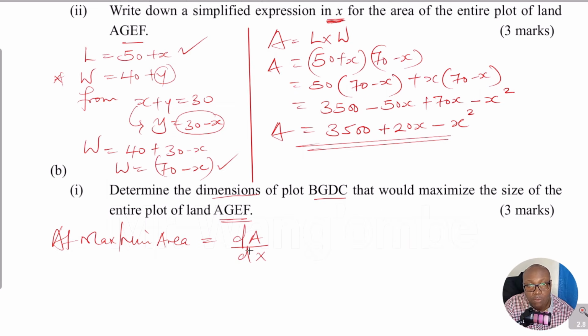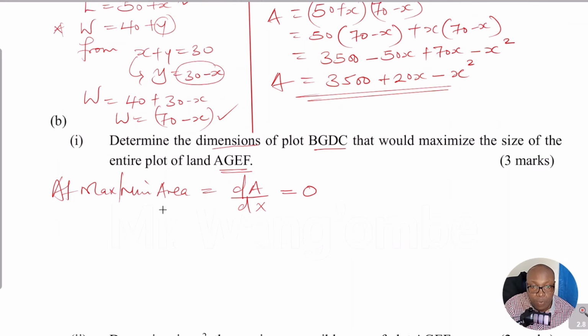That means if we differentiate the area with respect to x, we should get 0 at maximum or minimum area. So already we have the expression for the area: 3500 plus 20x subtract x squared.